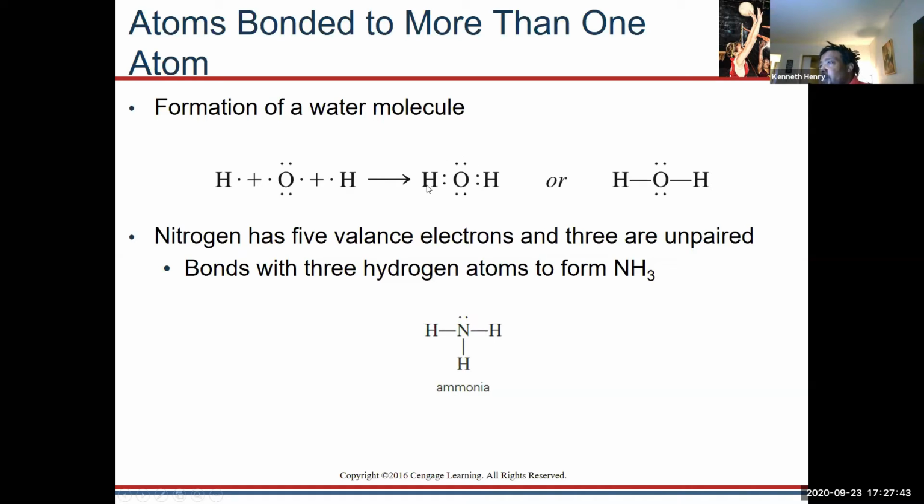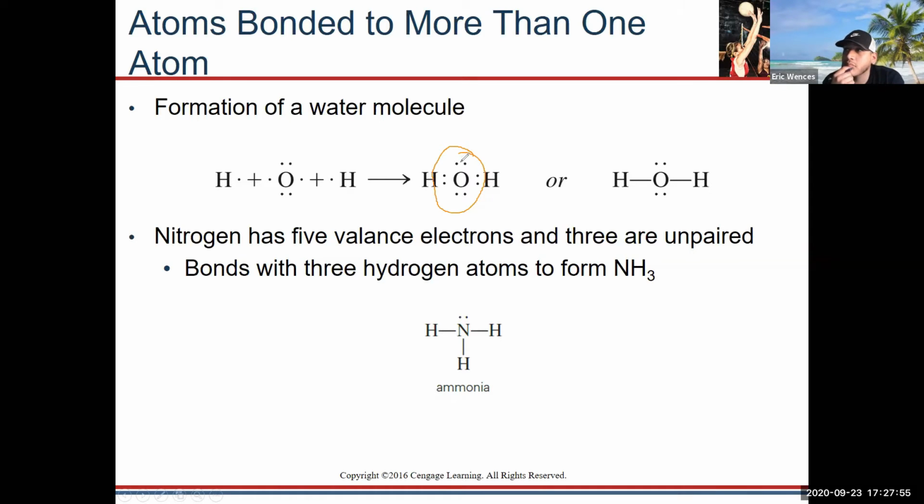Okay, so if we look around the oxygen in the middle, the water, how many electrons are here? 8. So 2, 4, 6, 8. So since it has 8 around it, it's acting as if it's neon, right? And so it's stable.